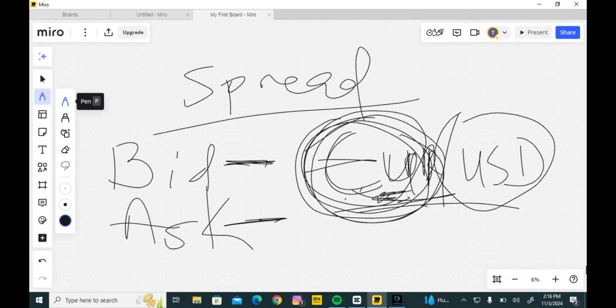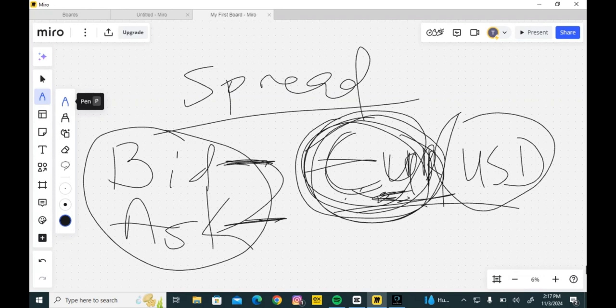Now, for you to understand what spread is: the difference between the bid and the ask is called spread. In other words, spread is the difference between two prices. For instance, if you're a trader and you sell stuff, let me say maybe you sell toothbrushes. For you to sell toothbrushes, you have to go and get them from the market, which is probably the wholesale shop.